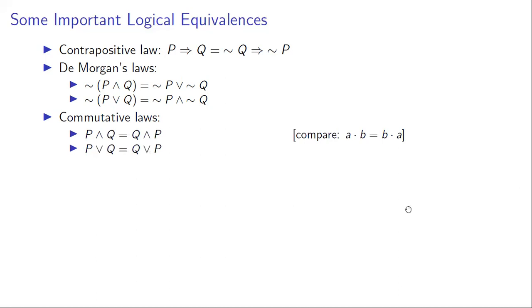Here's another commutative law. P or Q is logically equivalent to Q or P. Let's compare that to algebra. A plus B is equal to B plus A. So in many cases, and corresponds to multiplication or is similar in some way to multiplication, and or often corresponds to addition.